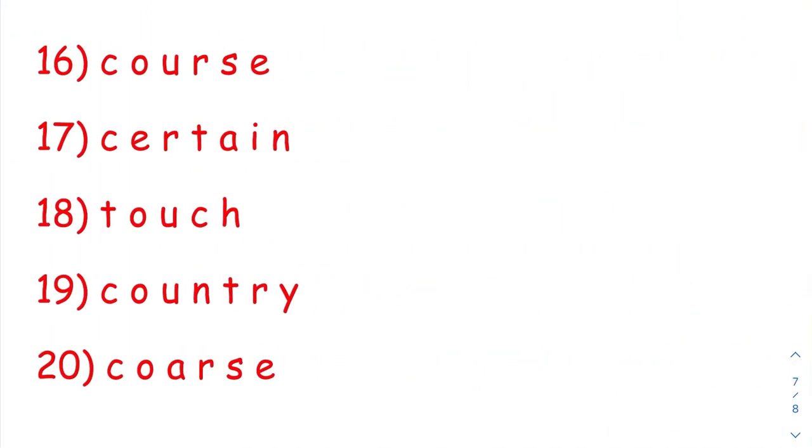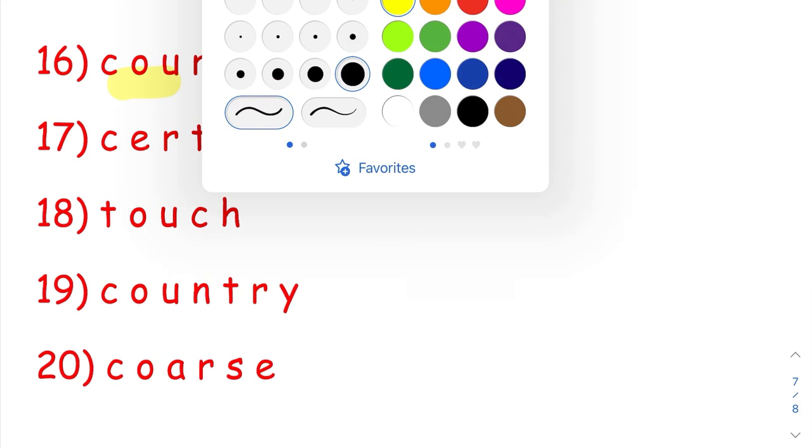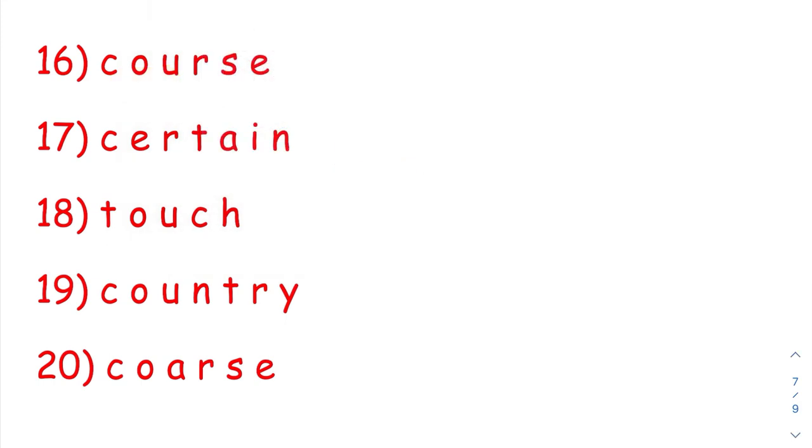Number 16. You'll see a few spelling patterns in there. First being the ow sound, as in ouch. So we're not going to use that here. Then you will also see the sound as in church. And actually the word here is going to be course. So that U is silent there. Here at the end, the E is silent, and you remember you don't want it to look like it's plural, so they put that silent E there.